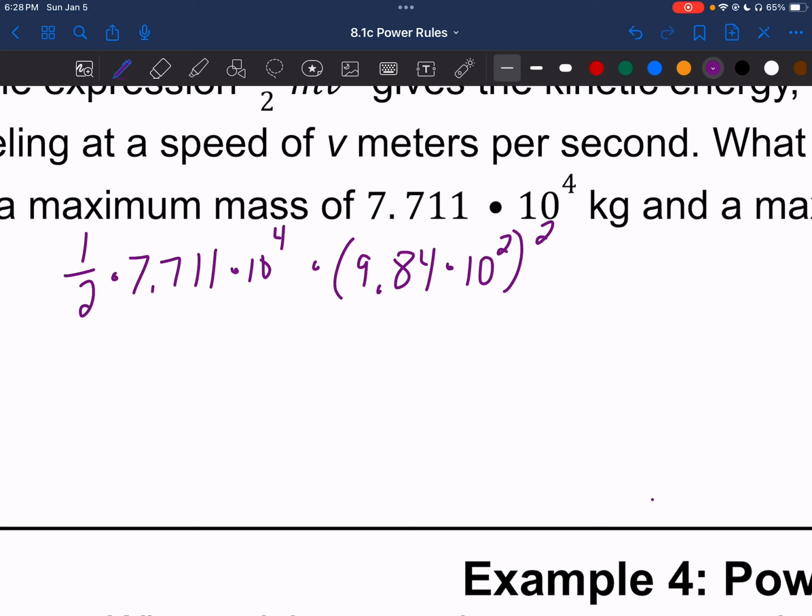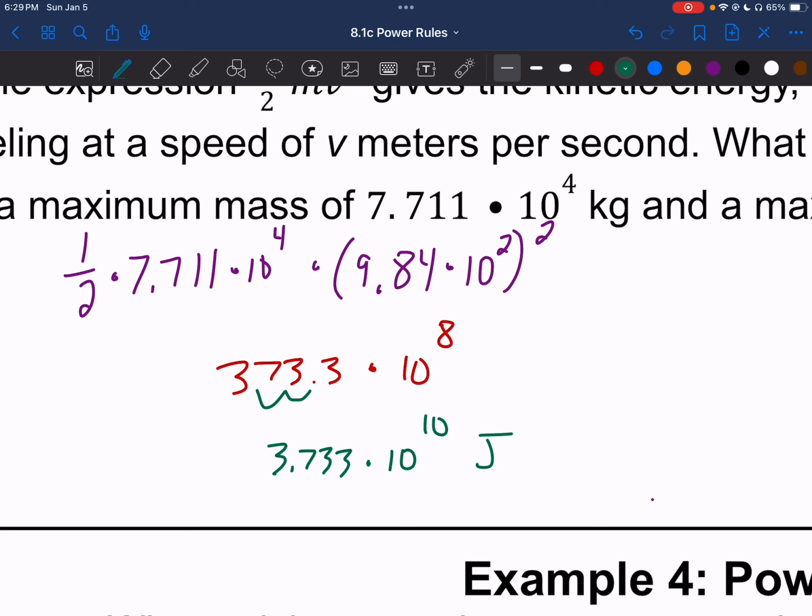All right, now we go ahead and do the multiplication on this, and when you do that, you're going to get 373.3 times 10 to the 8th power. 373.3 is not in scientific notation, so we do need to move that decimal point. And so it's going to be 3.733 times 10 to the 10th power joules.